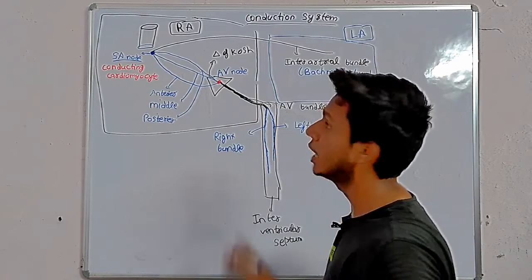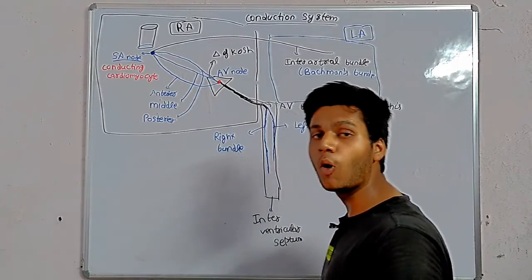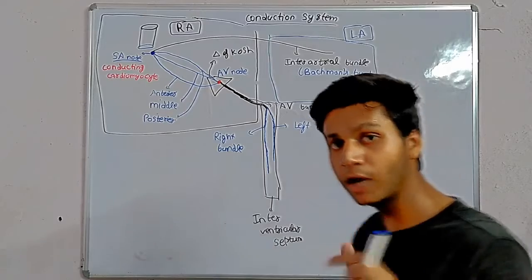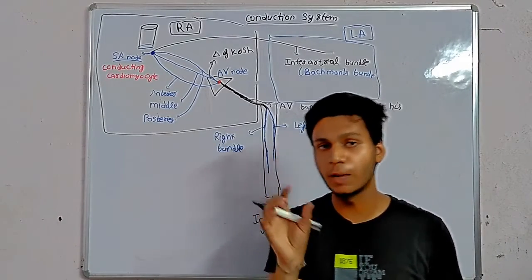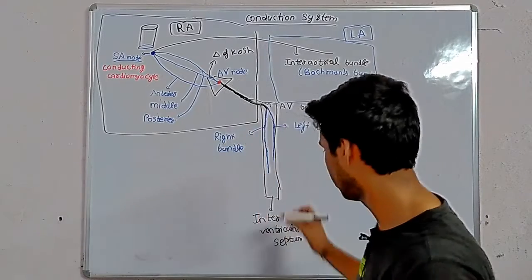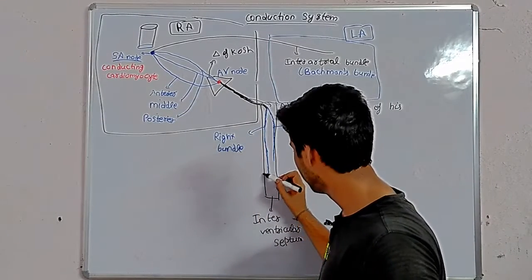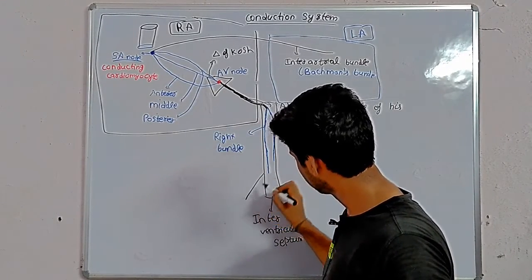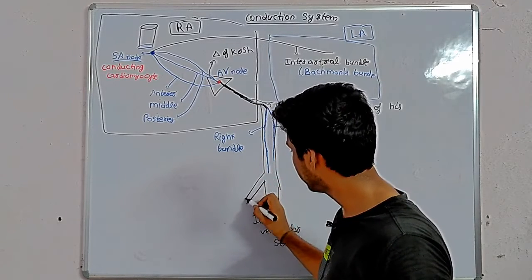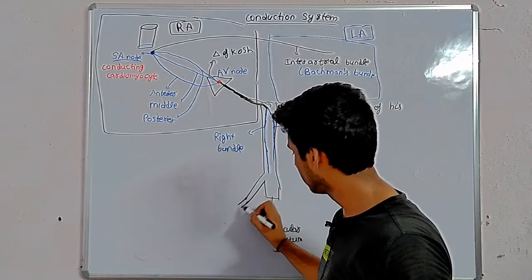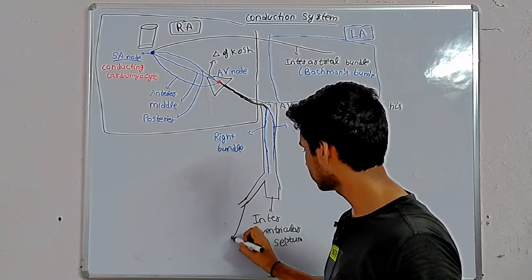Here in the right ventricle there is a band of muscle fibers called the moderator band or septomarginal trabecula, which is present only in the right ventricle. A single muscle band.